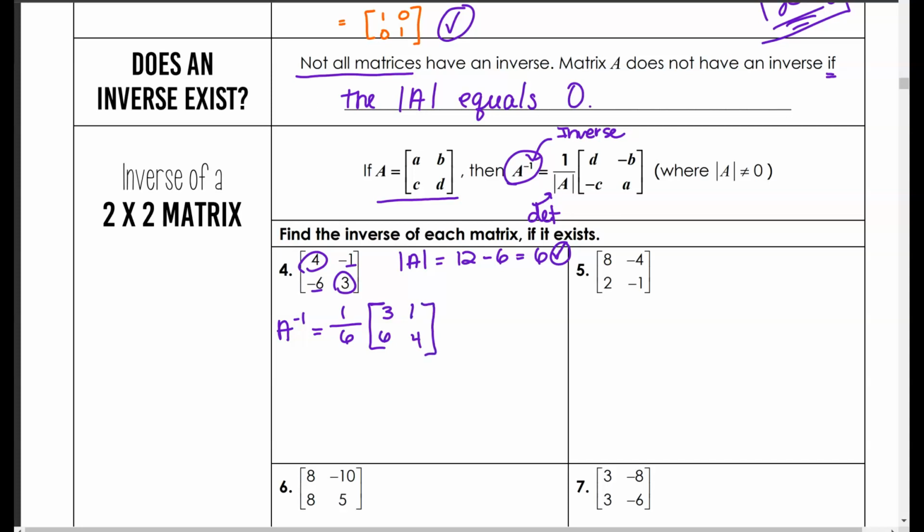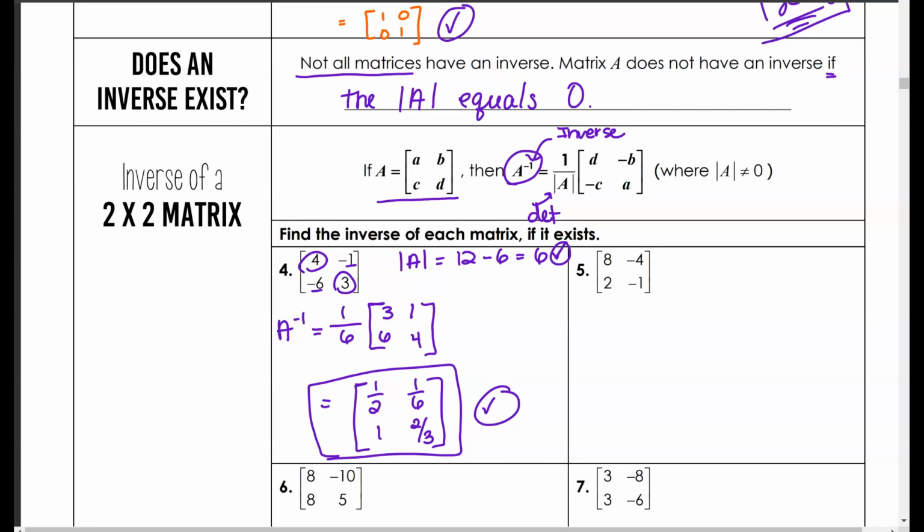Now we multiply out that 1 over the determinant. 1 over 6 times 3 becomes 1/2. 1 over 6 times 1 is 1/6. 1 over 6 times 6 is just 1. And 1 over 6 times 4 is 2/3. And this is our inverse matrix.